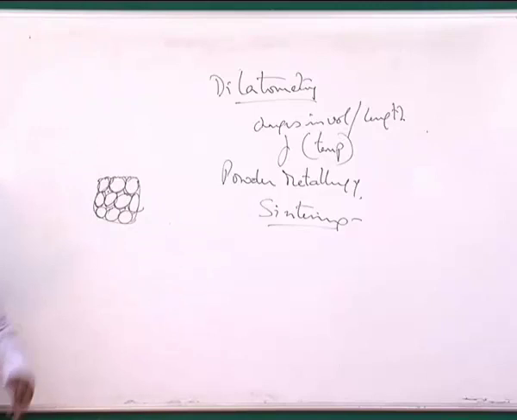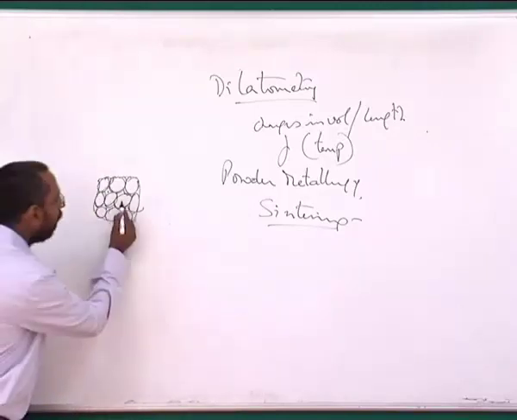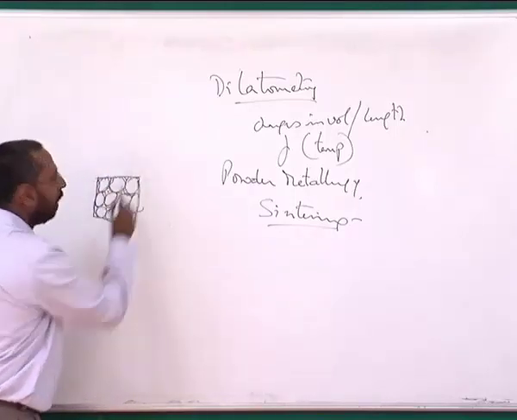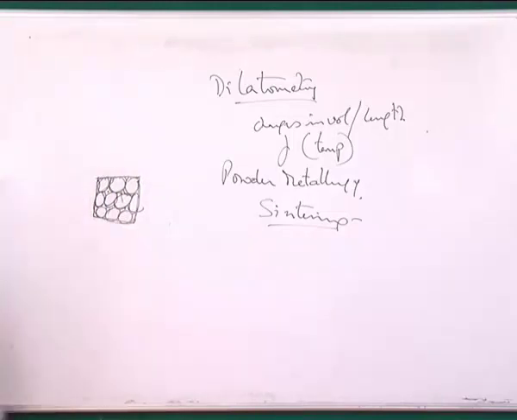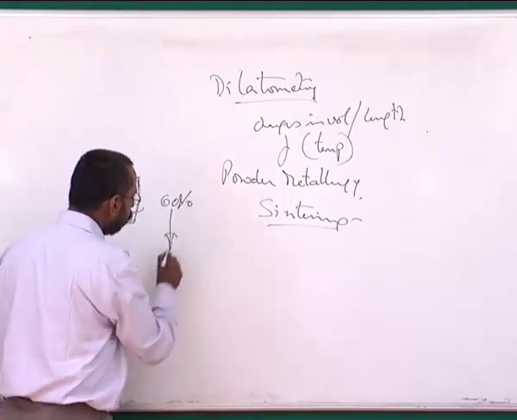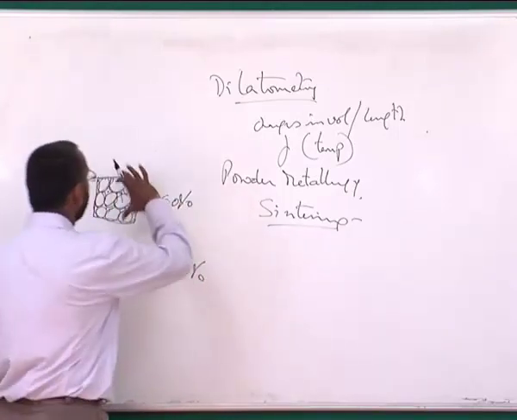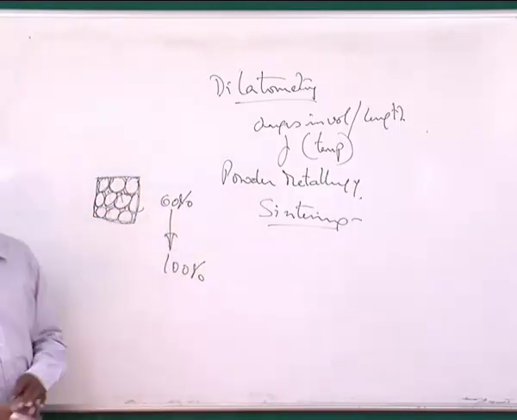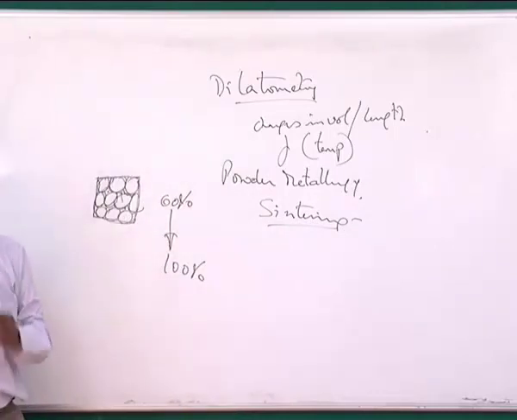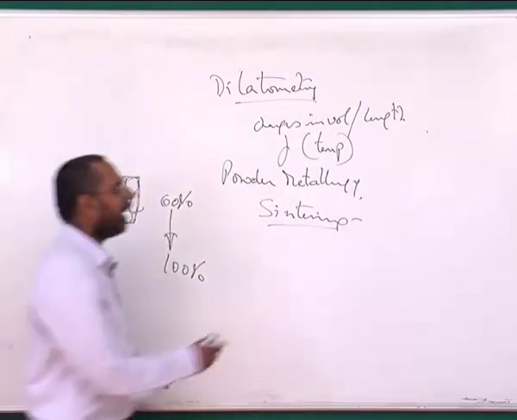If I heat it, this porosity is going to be filled, and during this porosity filling, when the metal flows into it, you will see a volume shrinkage, because the density is increasing. So the green density, if it is about 60%, moves towards 100%, and there is a volume shrinkage. So I can measure how the shrinkage is happening as a function of temperature in a dilatometer, and from that find out the sintering kinetics.